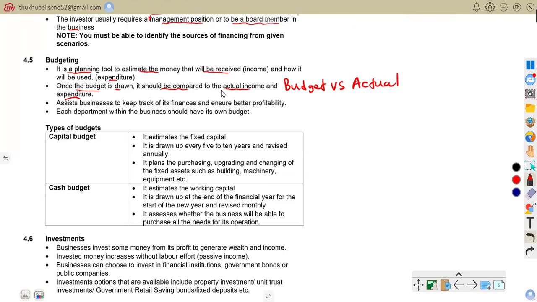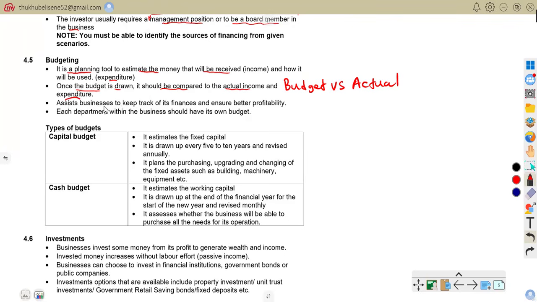For example, budgeted 10,000 for advertising, but actual spend is 12,000. That is why you compare the budgeted as well as the actual budget. So that is that.